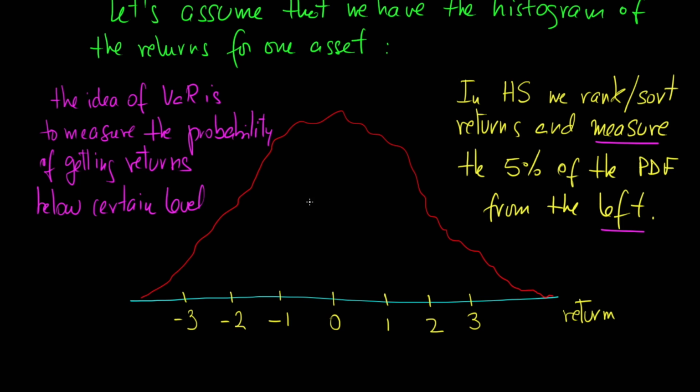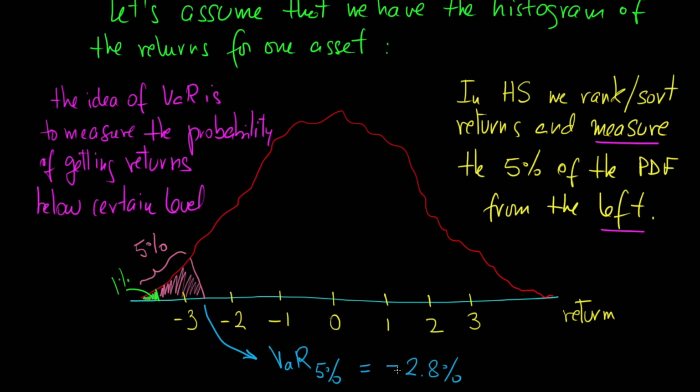In this case, here we have the 1% of the data, but also we can have the 5%, that is usually the benchmark for the value at risk. Let's suppose that this point is 2.8. So the value at risk at 5% is 2.8 negative.